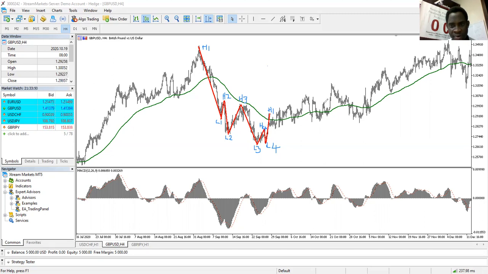Okay, this one doesn't really conform, but you see this one, higher low, and then it's a kind of correction here. But generally speaking, when you see lower high, lower low, lower high, lower low, that is downtrend. Then when you see higher high, higher low, higher high, higher low, that is uptrend.